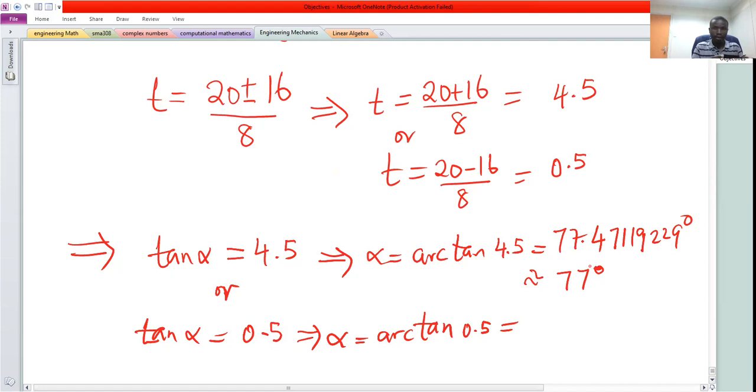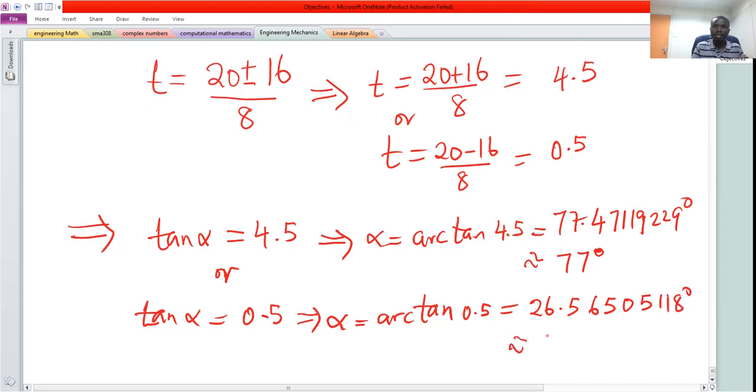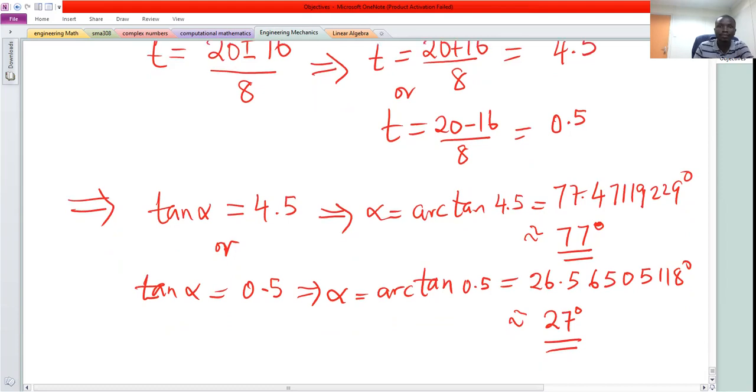And then the other one will be tan inverse of 0.5, which is 26.565051118 degrees. So this one is 27 degrees because they wanted us to express our answer to nearest degrees. So those are the two values of alpha required in that problem.